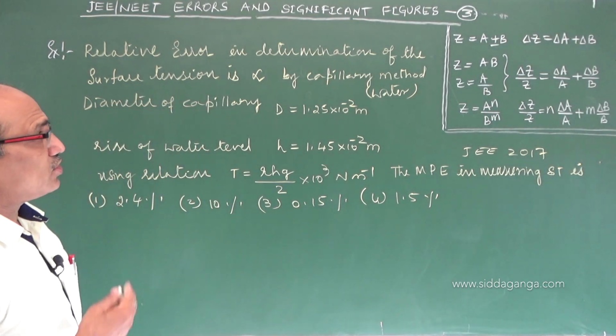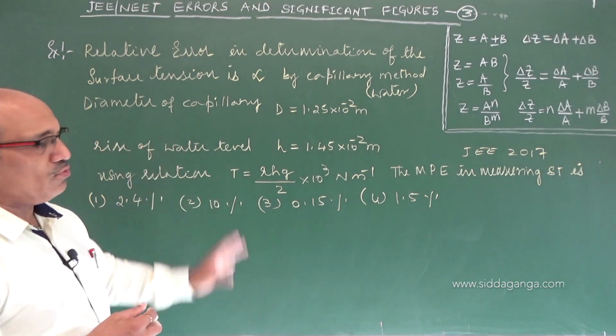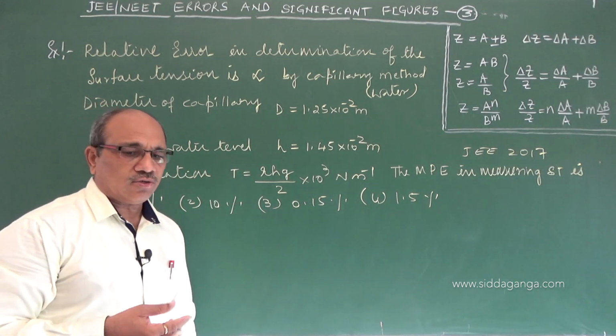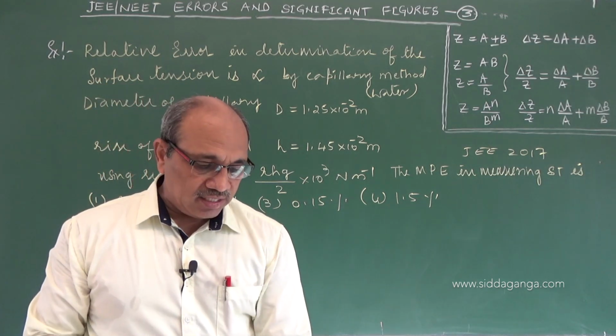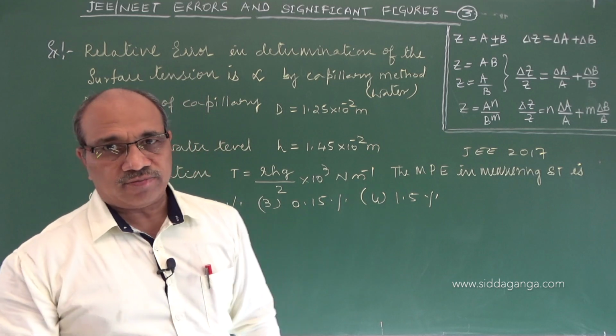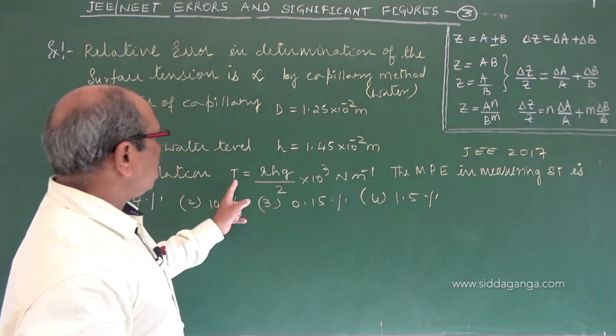So surface tension of water, I told you at this stage you are hearing some new words. Surface tension is the force experienced by the surface per unit length, tangential to the surface. The relation is already given.